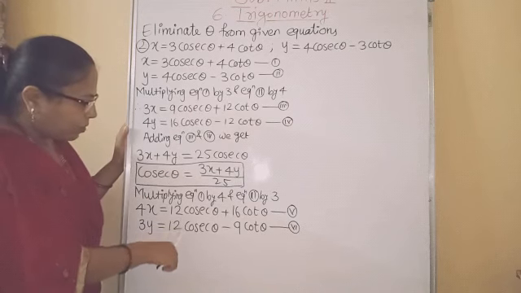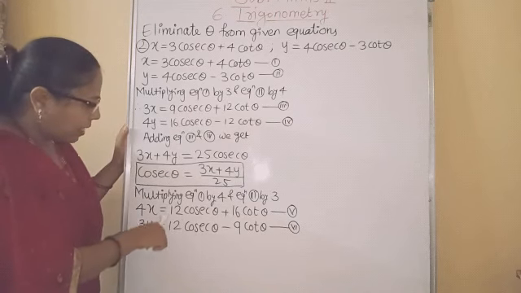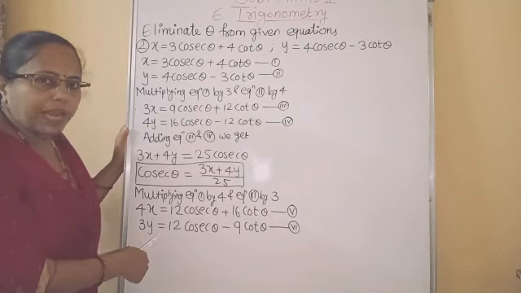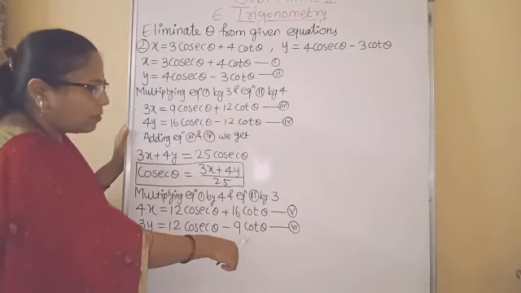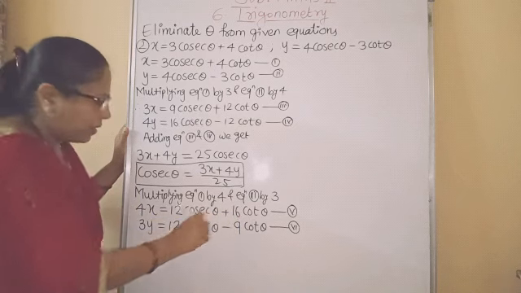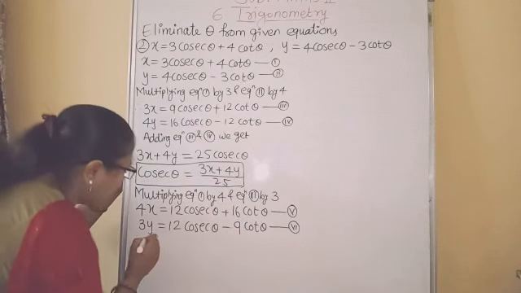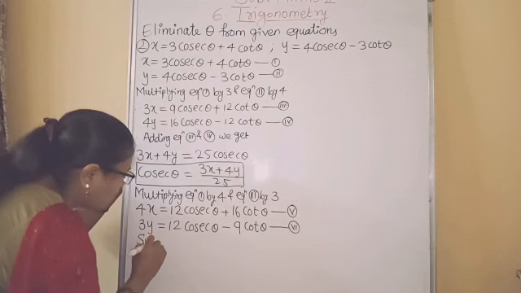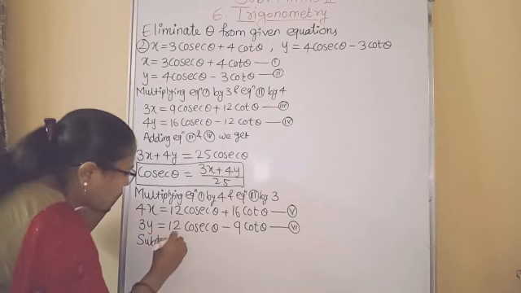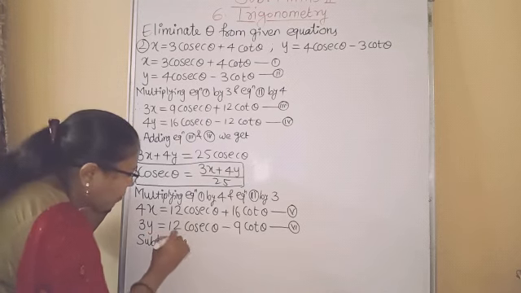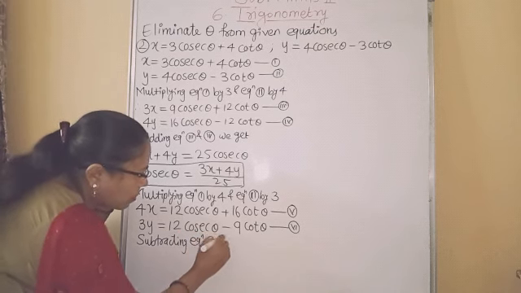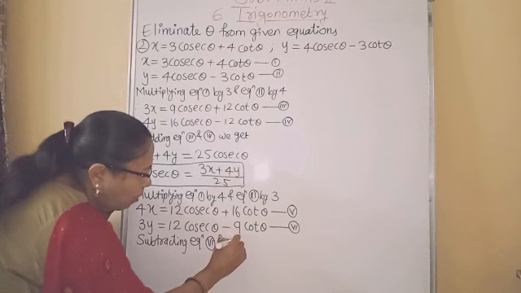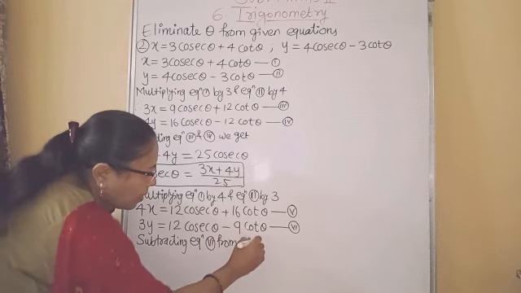Now to eliminate cosec theta, both the terms have the same sign, so we have to do subtraction. We will subtract equation 6 from equation 5. Subtracting equation 6 from equation 5.